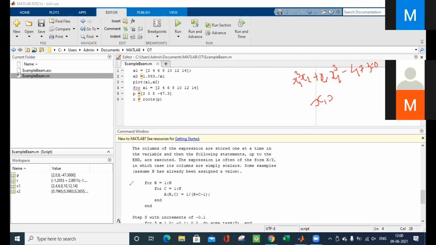So X1 into X2 cube plus X1 cube into X2, then minus 47.3.